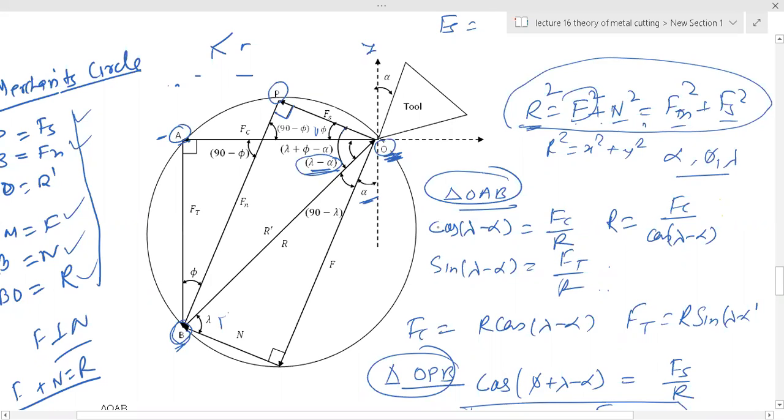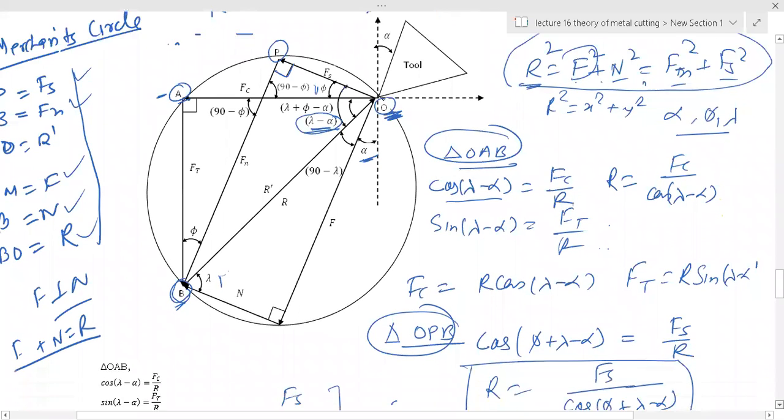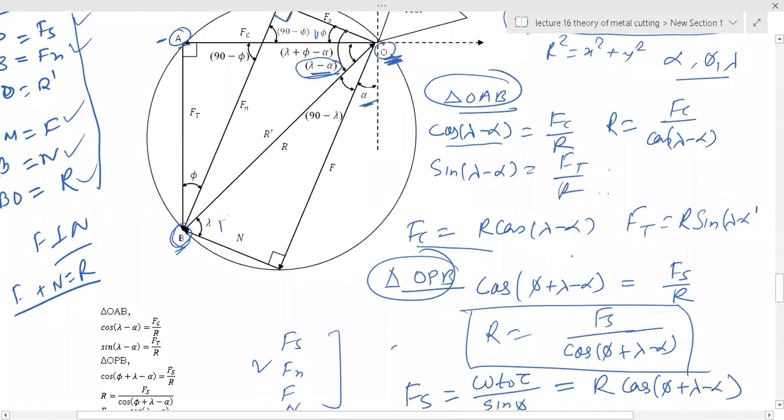And finally, we estimated some relation, that is cos lambda minus alpha is equal to Fc by R, or cutting force and thrust force. We introduced these two forces because I said these forces we can measure by the dynamometer.